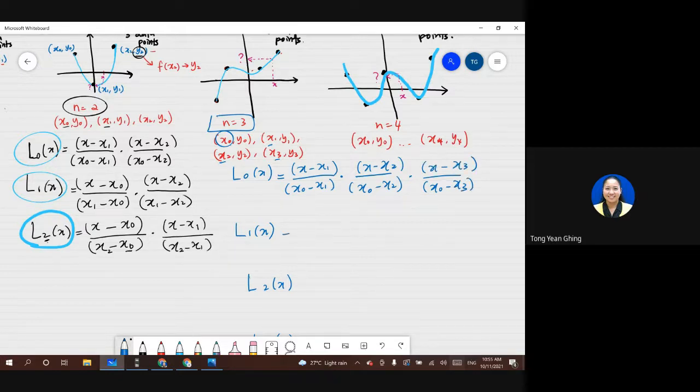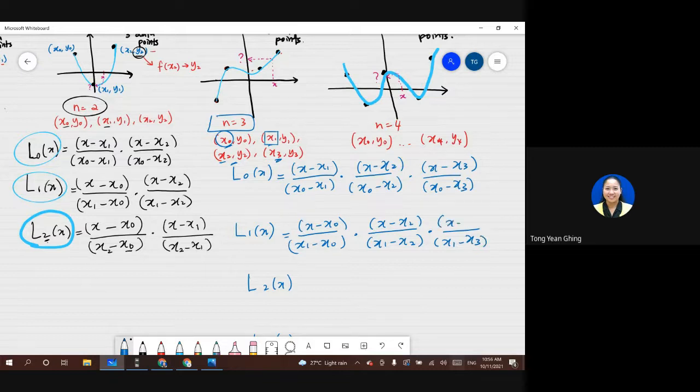Okay, so in this one will be x1 minus x0, x minus x0, times with x1 minus x2. x1 cannot minus x1, okay? You cannot minus itself. And then one more, x1 minus x3. What is there? We have taken this one, so we need this one and this one.